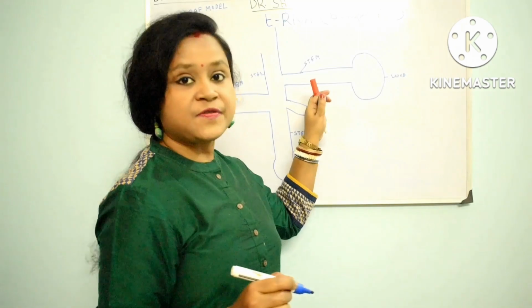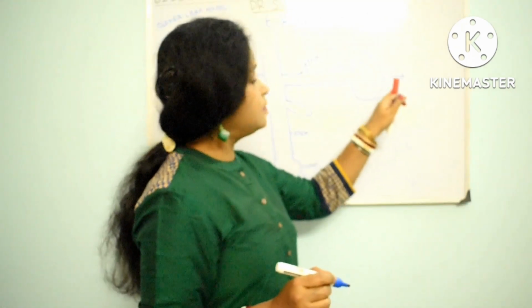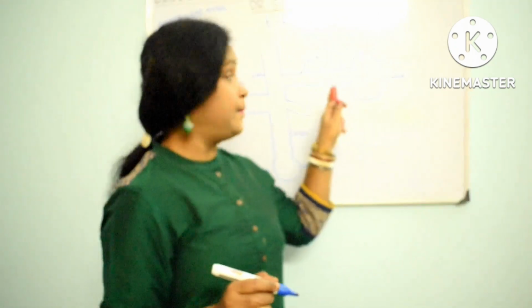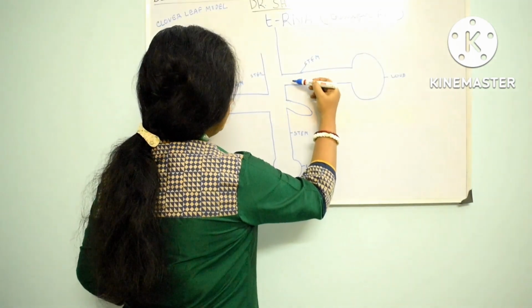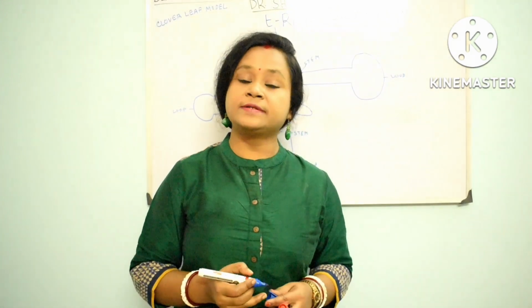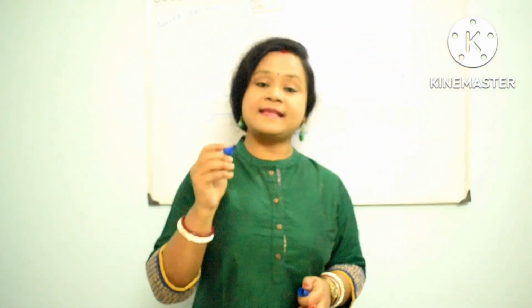How is the stem structure formed and how is this loop structure formed? The stem structure is formed because on both sides there are complementary bases. We all know about complementarity.